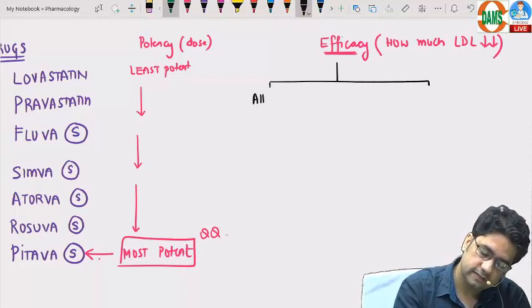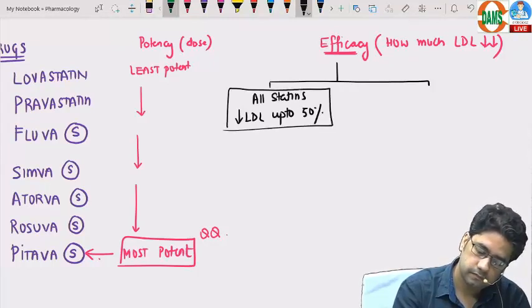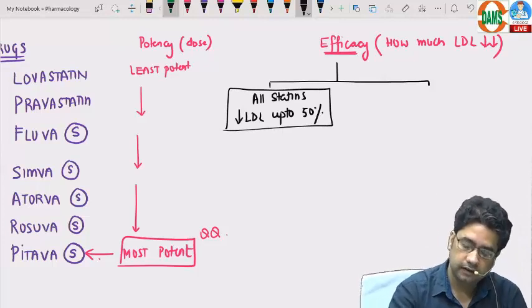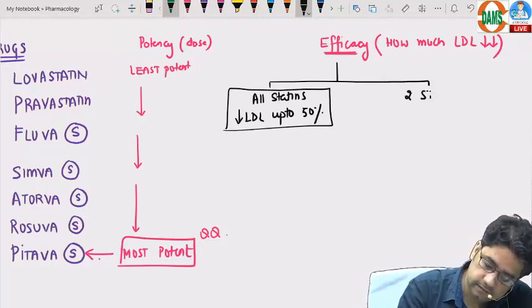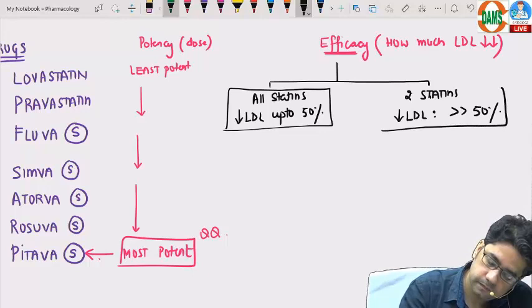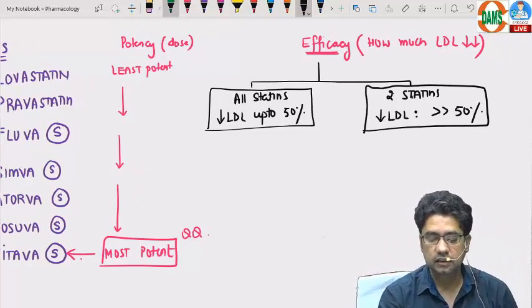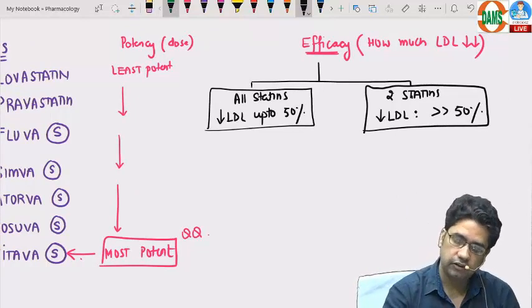You will write that all statins can decrease LDL up to 50%. But there are two statins which can decrease LDL by more than 50%. There are only two statins which can decrease LDL by more than 50%.